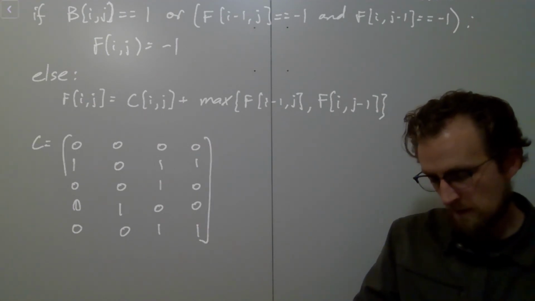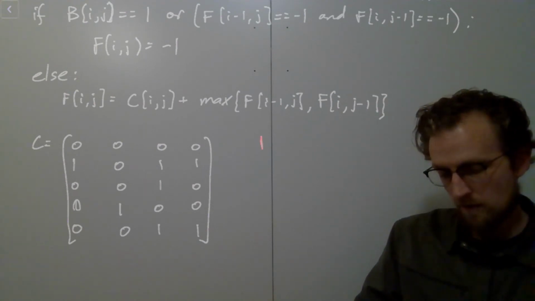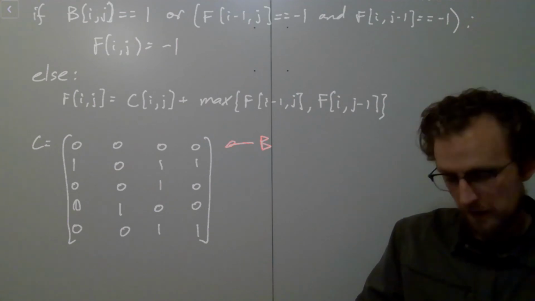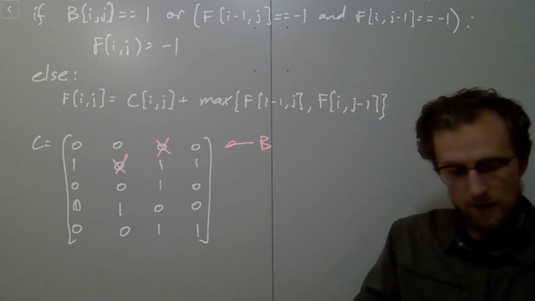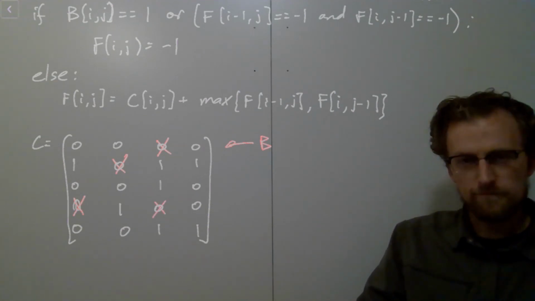So there's our C. And now our B, our blockages, are going to look like this. I'm just going to draw the blockages right on here in pink. Okay, so the blockages are going to be there, there, there, and there.